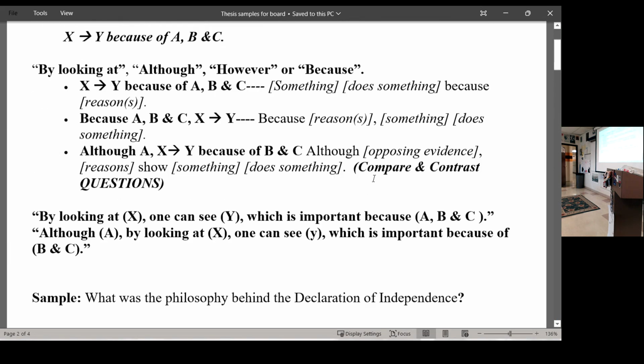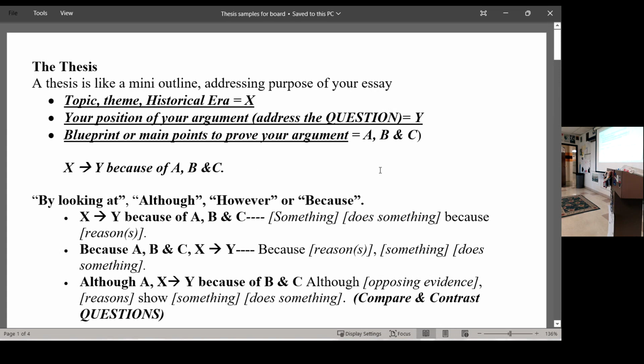We're also going to talk thesis statements. Brooklyn is gone. You need your test. I knew I had yours.